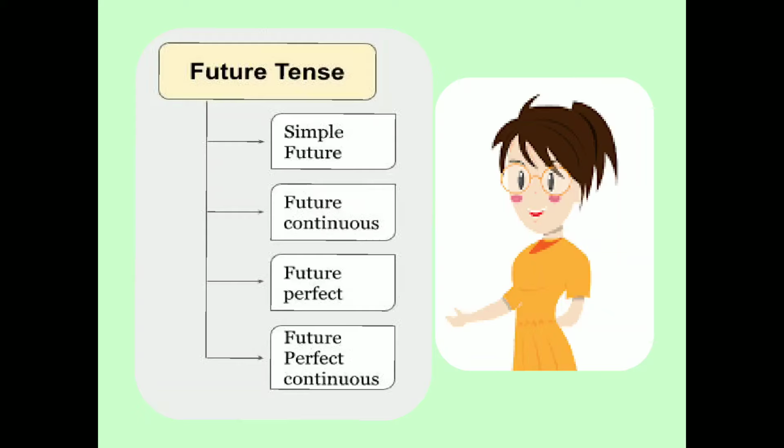And number 4, future perfect continuous or future perfect progressive. So these are the 4 classes of future tense. Now let us see one by one what are the uses of these various forms of future tense and how we can utilize them in sentences or situations.